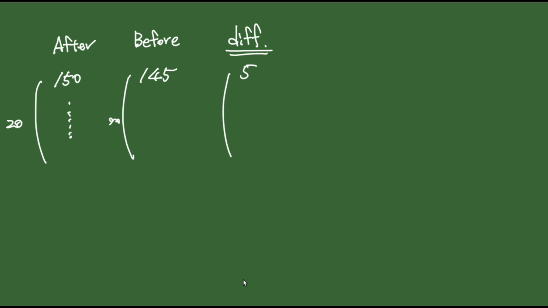So we have, let's say, 150, 145, and our DIFF can be calculated by 150 minus 145, so 5. Okay, and we have 20 numbers here, and let's say this is D1, and the last one should be D20.